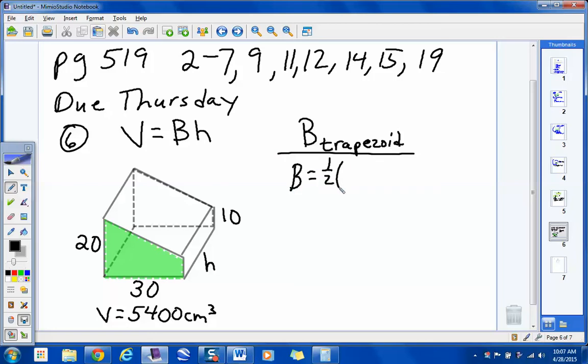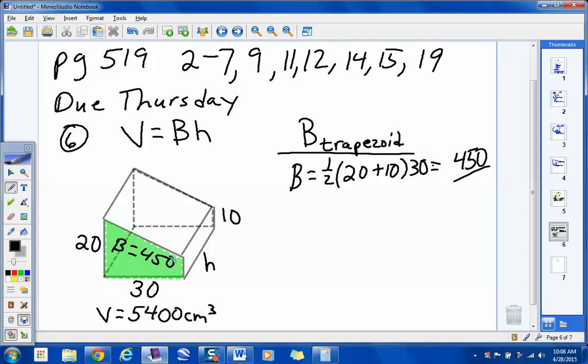What are the two parallel sides length on that green trapezoid? 20 and 10. And then what's the distance between the 20 and the 10 right here? 30. Okay, I'll just tell you right here that this is all going to multiply to 450. That means that this green area right here, capital B, in that trapezoidal prism is equal to 450.